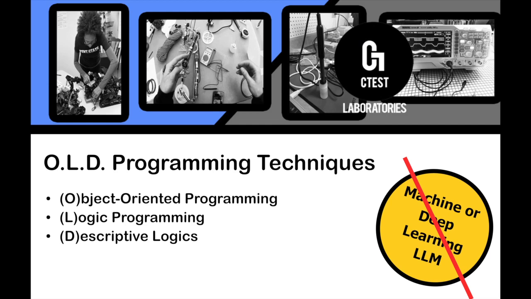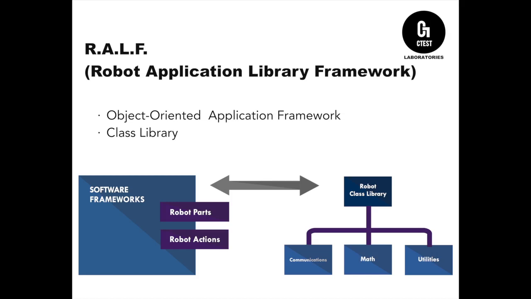Okay, and so let's start off real quick with just a high-level view of something we call RALPH. It's our Robot Application Library Framework. And RALPH consists of two basic components. It's first an object-oriented application framework.